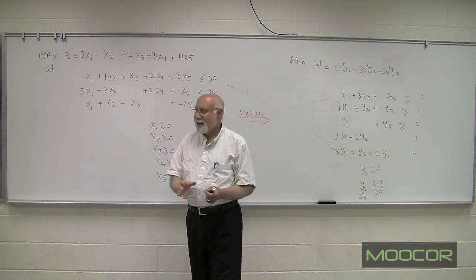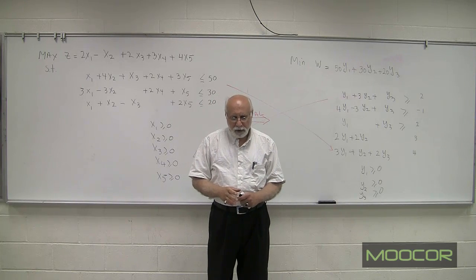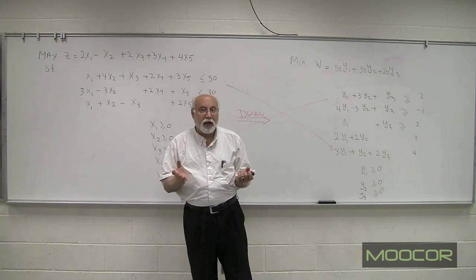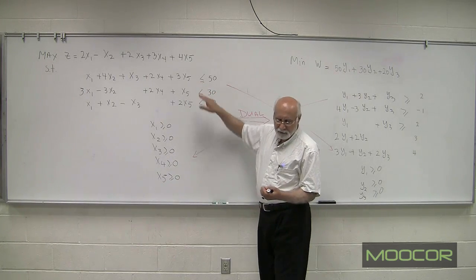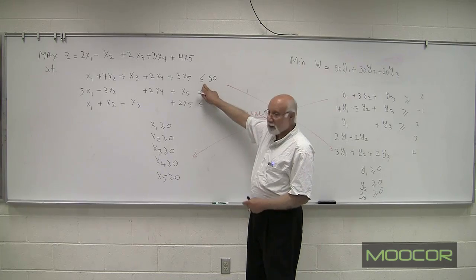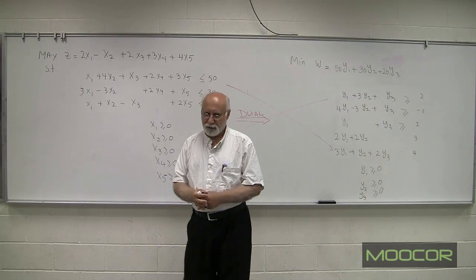If you do that, then the rest is as simple as this. Let's look at some cases. For example, what happens if this, instead of less than or equal, is greater than or equal?